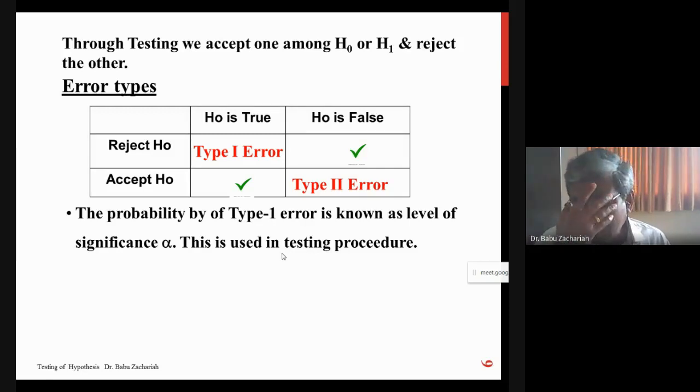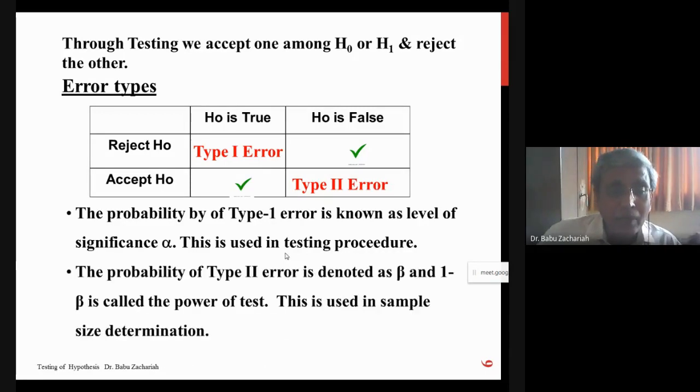Some people fix it as 0.01, meaning 1% error is tolerated. Before you start the procedure, you have to fix this. Then the probability of type 2 error is denoted as beta, and 1 minus beta is called the power of the test. Or in other words, 1 minus beta is the probability of a correct decision.